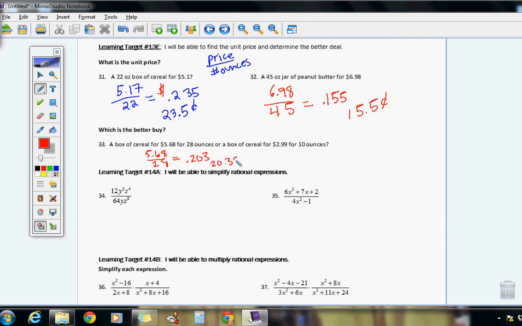So for every ounce, you're paying 20.3 cents. Over here, when you do that, 2.99 divided by 10, you are paying what? 0.299, or 29.9 cents. Obviously, which one's the better deal? Right here. You want to get that deal because it's less money per ounce.